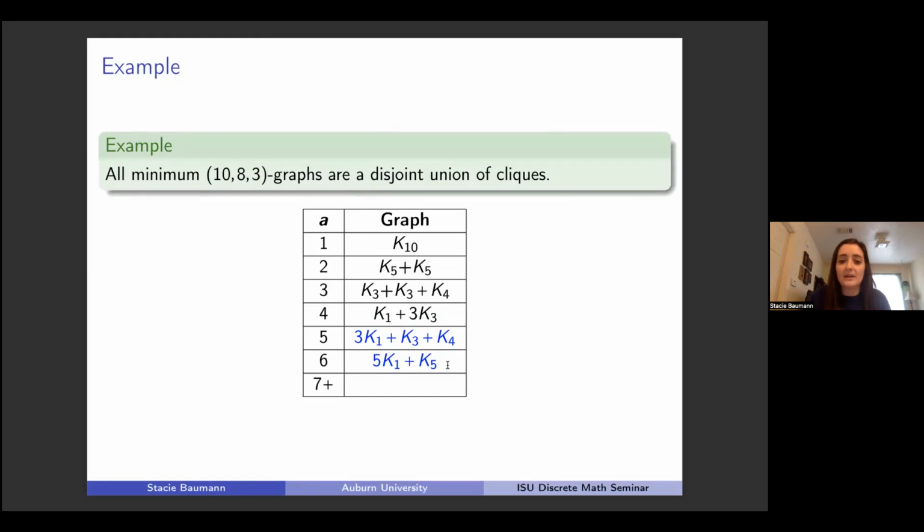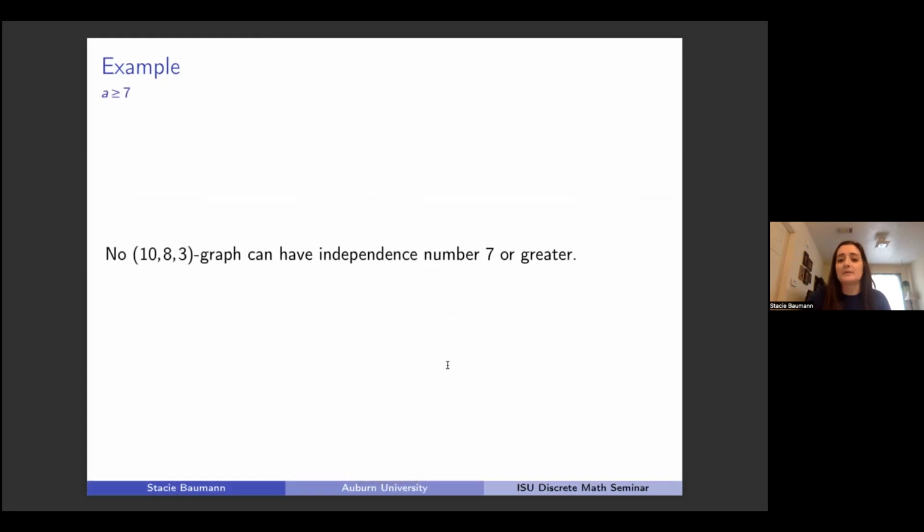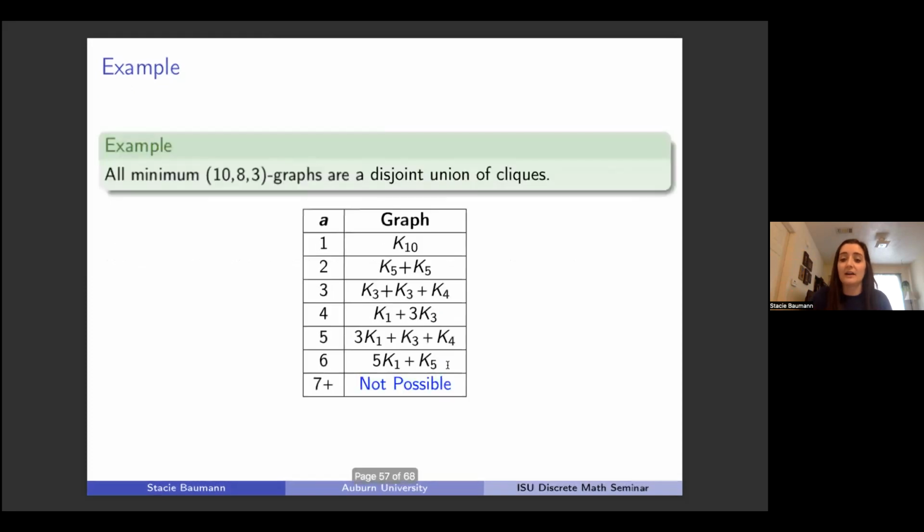And then for independence number 7 or bigger, that's not possible. If you have independence number 7, you could pick one other vertex. There's 8 vertices, and if there's an independent set of size 7, there's definitely not a K3. So anything bigger than 7 is just not possible.